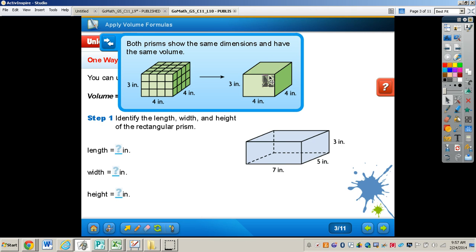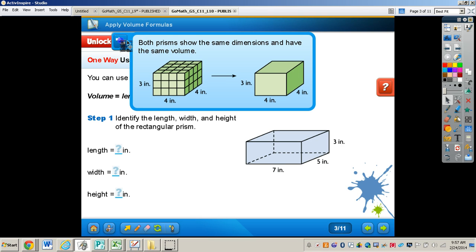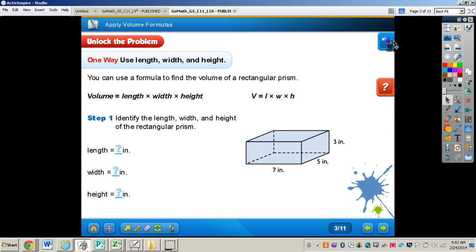We've talked about cubic units and seen shapes like this one on the left, and today we're looking more at regular shapes. This one has a length and width of 4 inches and a height of 3 inches. Even though it's not divided up into cubic units, the volume is still the same. It is important to understand that from the beginning.